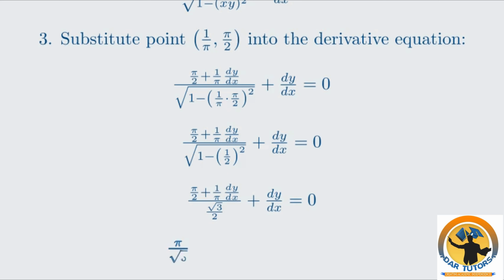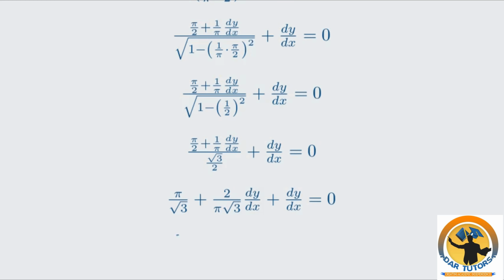Multiplying by root 3 over 2, we get pi over root 3 plus 2 over pi root 3 dy/dx plus dy/dx equals 0. Factoring out dy/dx, we get dy/dx times the quantity 1 plus 2 over pi root 3 equals negative pi over root 3.